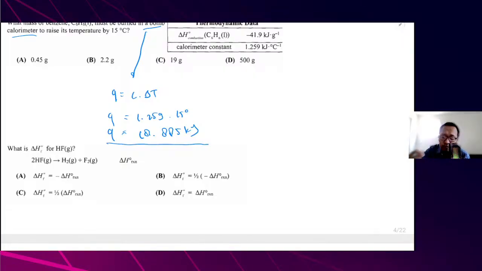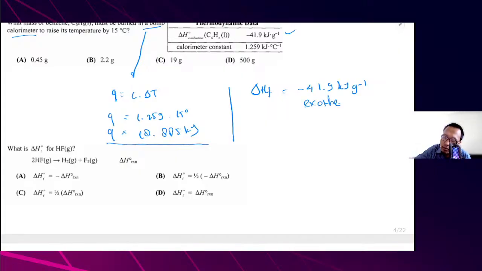Now we need to relate q to the mass of benzene. ΔH combustion, from this information, is minus 41.9 kilojoules per gram. It's negative because it's exothermic, heat released.